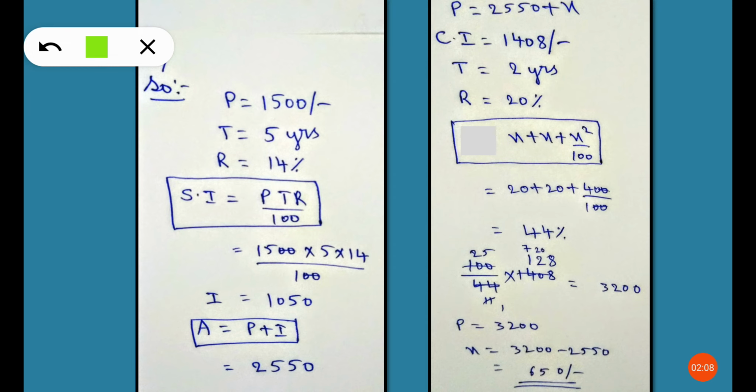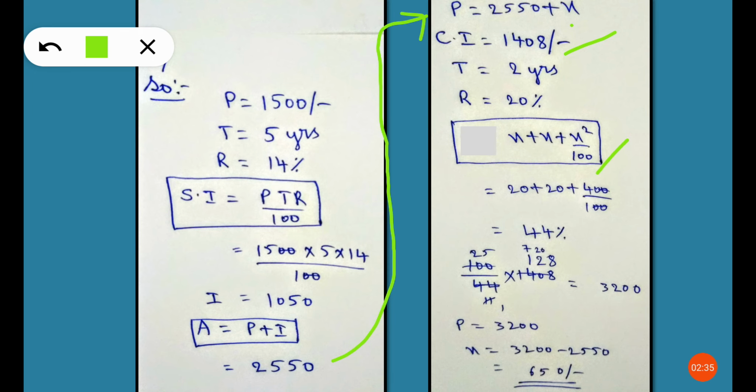Now to this amount, some money, some X, is added and invested in another company for compound interest. There after 2 years, he has obtained 1408 rupees as compound interest, and we have to identify this X value. X plus Y plus XY by 100.